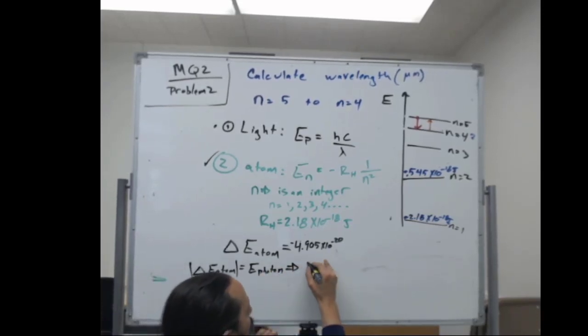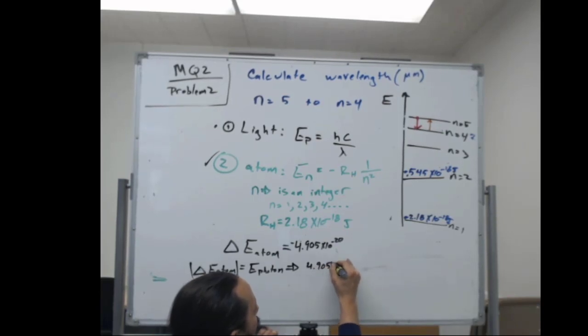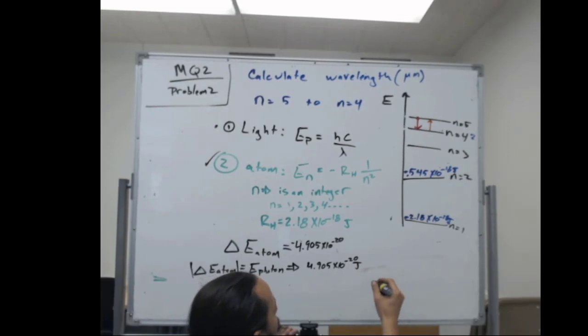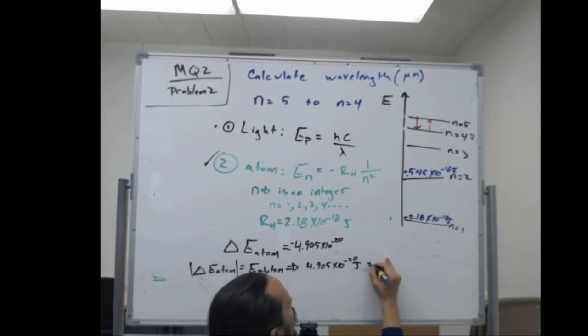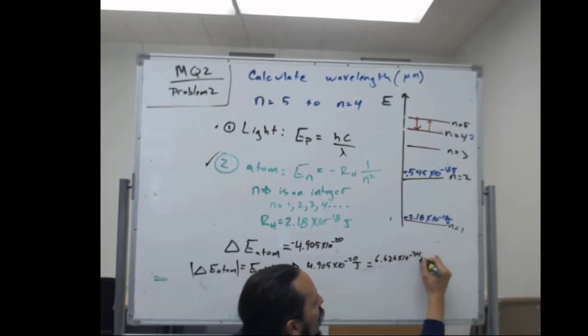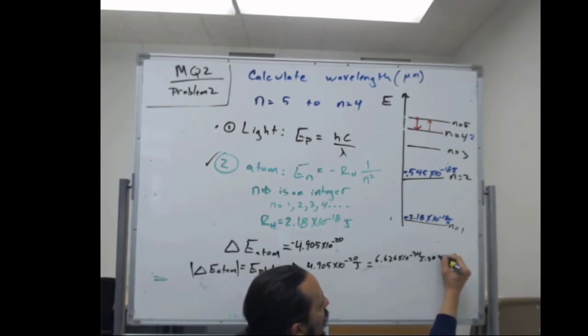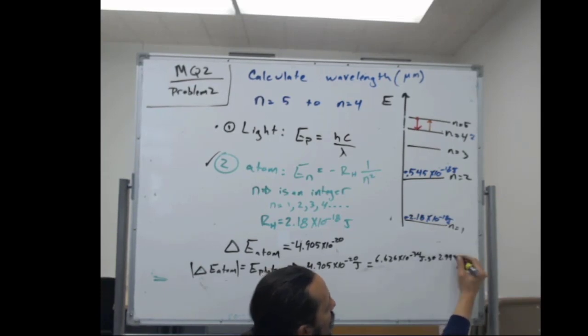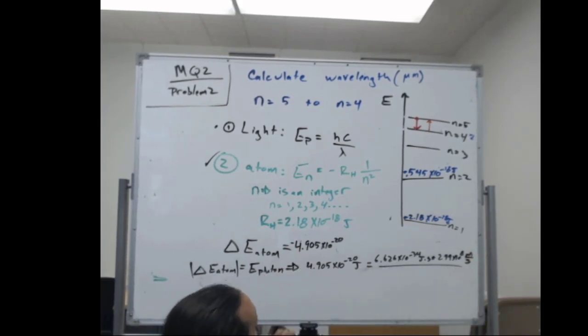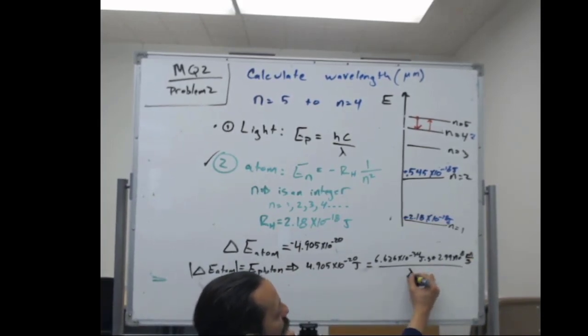So we're going to have 4.905 times 10 to the minus 20 joules, I'll put units on there too, is equal to 6.626 times 10 to the minus 34 joule seconds times 2.99 times 10 to the 8th meters per second divided by the thing we're trying to solve for, wavelength.